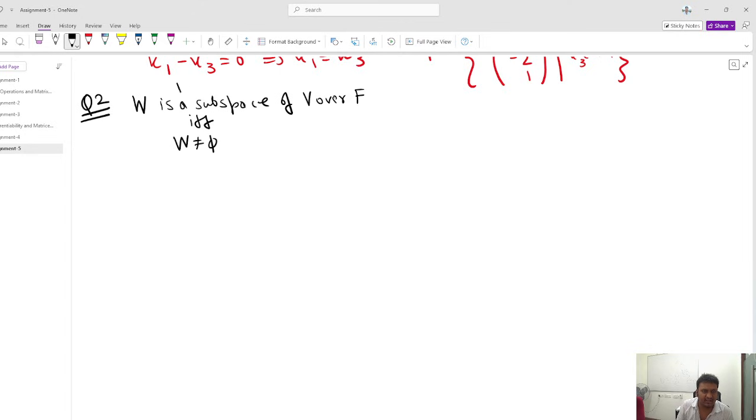Of course, I'm taking the assumption that W is sitting inside V. And number two, what you have to check: x plus y is in W for every x and y in W, any two vectors, and alpha x is in W for every x in W and for every alpha in your given field F.